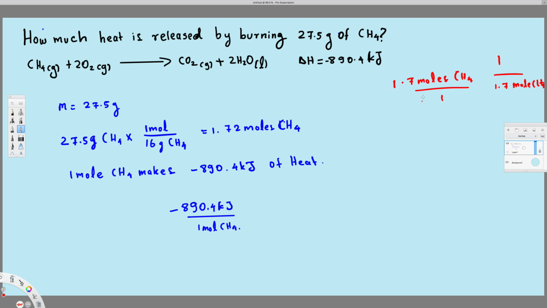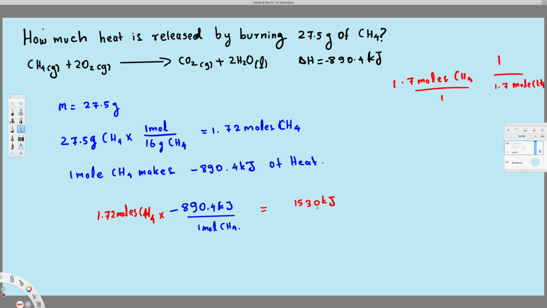So we want the mole on top. If we multiply by this value, that's going to give us the kilojoule. So this is going to be multiplied by 1.72 moles of CH4. That's going to give us 1530 kilojoule.